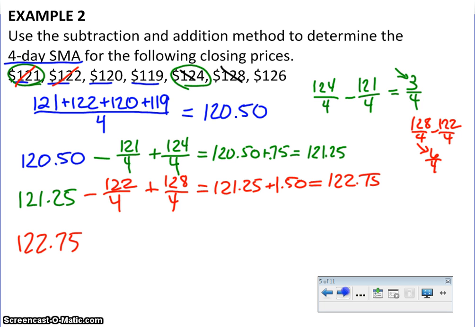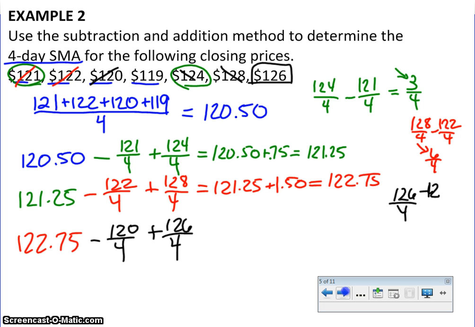So next one, I'm going to subtract the 120 over 4, not including that anymore, but I'm going to add this last one, which is 126 over 4. So 126 over 4 minus 120 over 4 again gives me 6 over 4, which is 1.50.